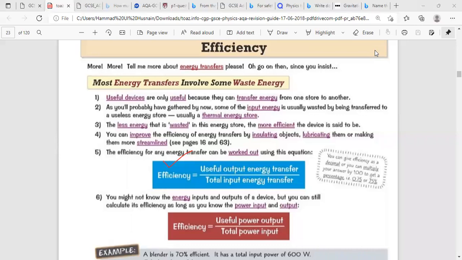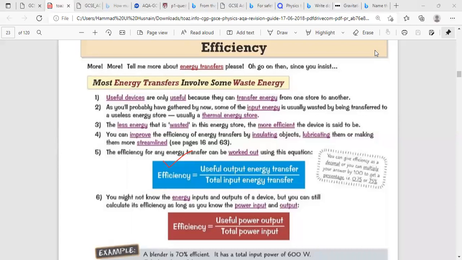What I have told you is that if there is less energy loss in a body, that body or object or system will be more efficient. You can improve the efficiency of energy transfer by insulating the object, by lubricating them, or by making them more streamlined.